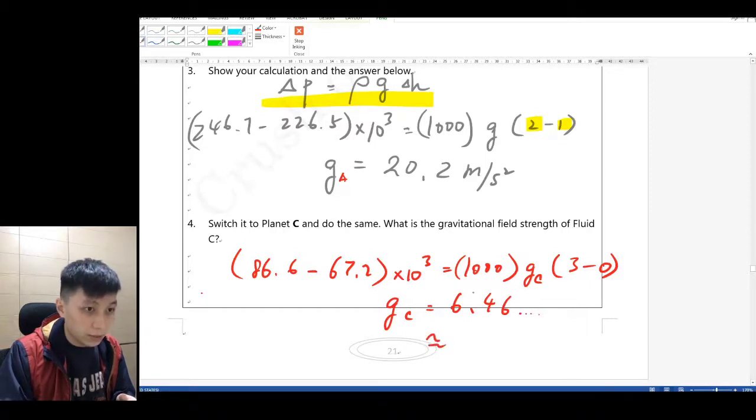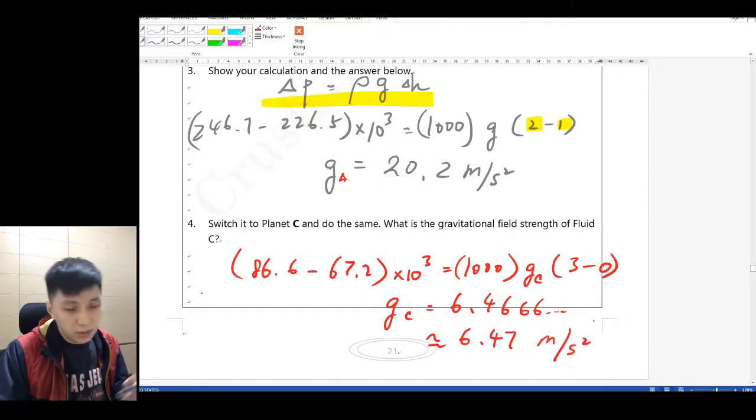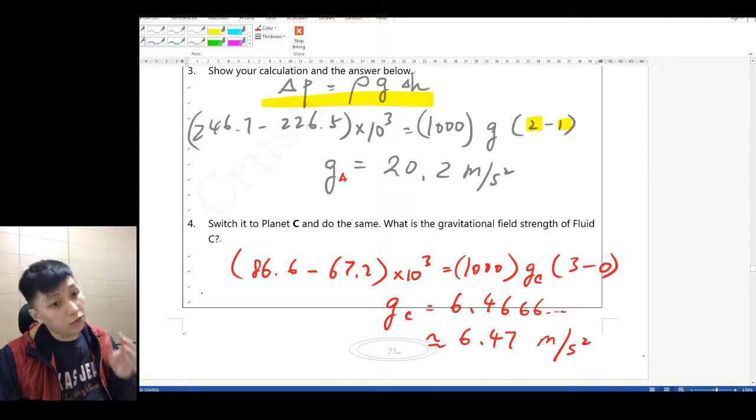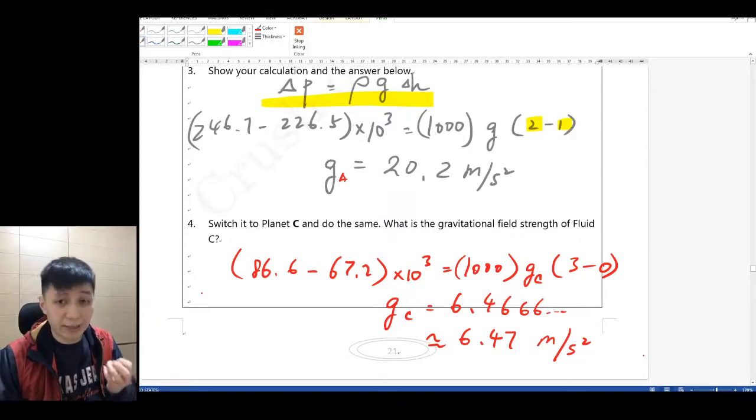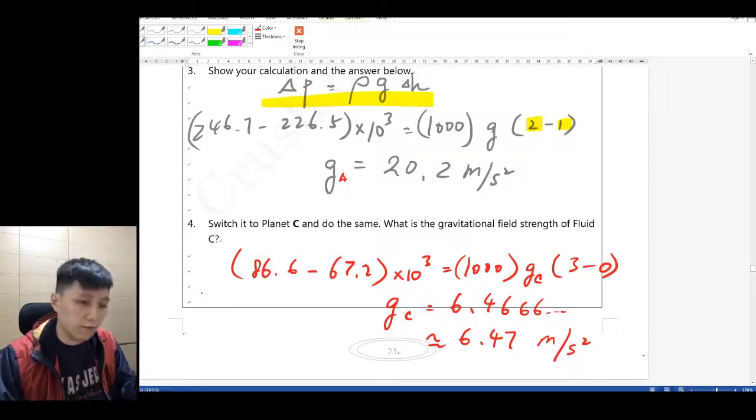I think 3 sig fig is pretty good. So actually I should write 6.47. You can either write Newton per kg, or you can put down meter per second squared. And so this should be roughly 0.6 G of the Earth, right?